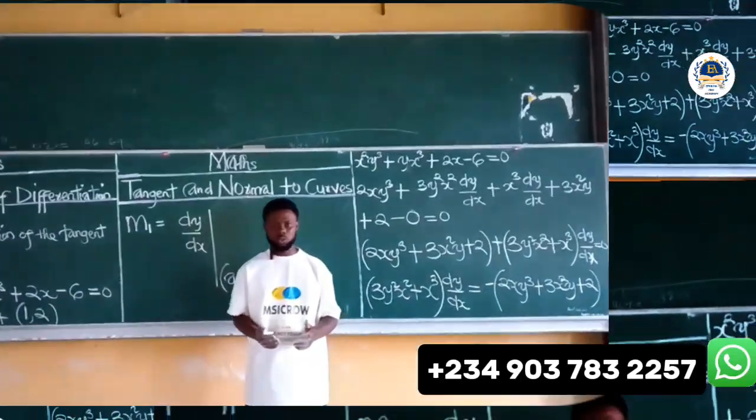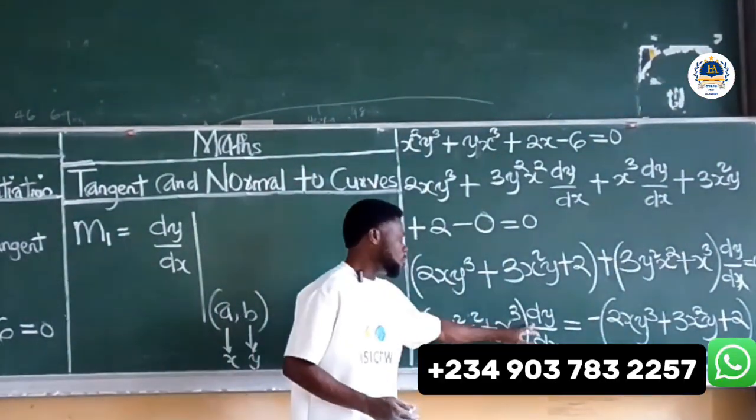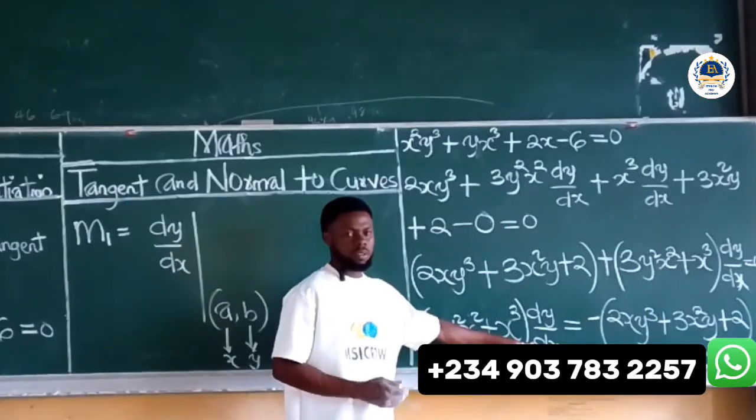At this juncture, we have to make dy over dx the subject of the formula.